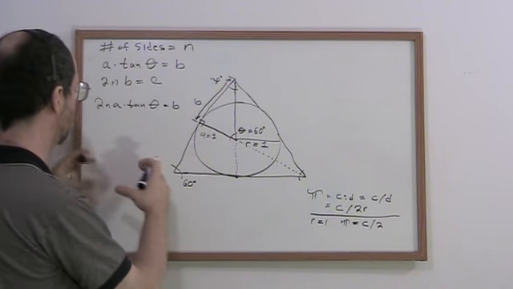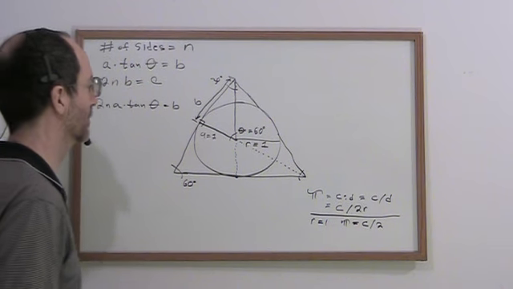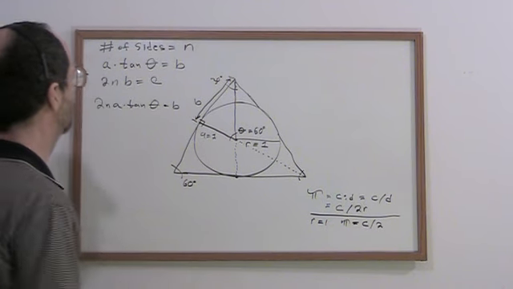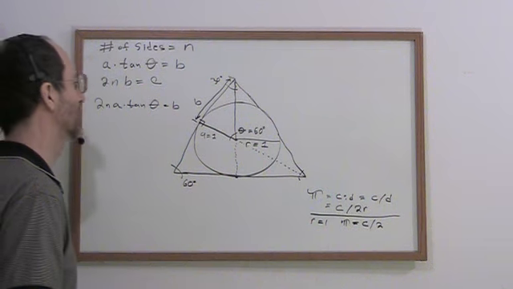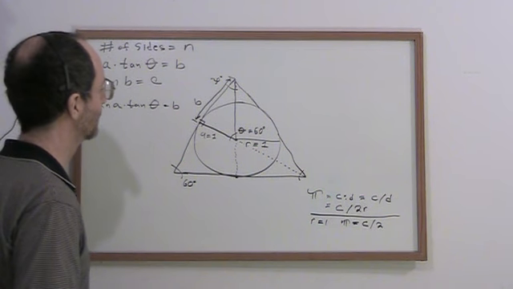We're going to end up with a very simple equation which we can then progress on. So we have to wade through the algebra here to get to our nice little equation.